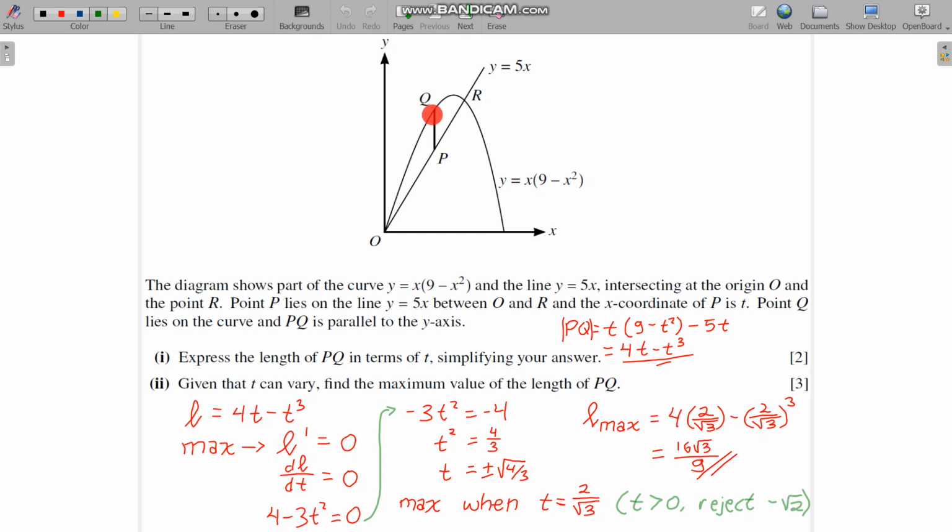So the length PQ, we have to find the length of PQ.